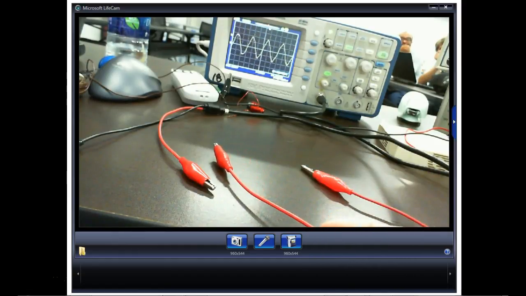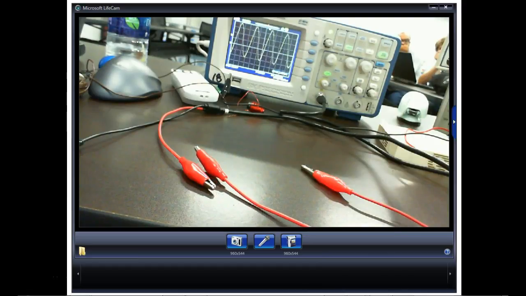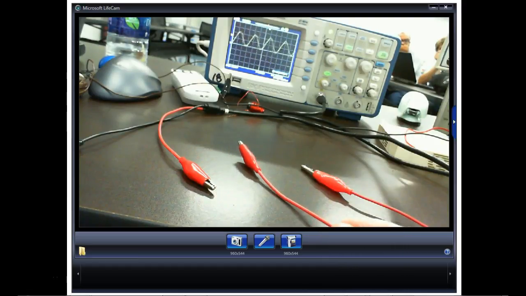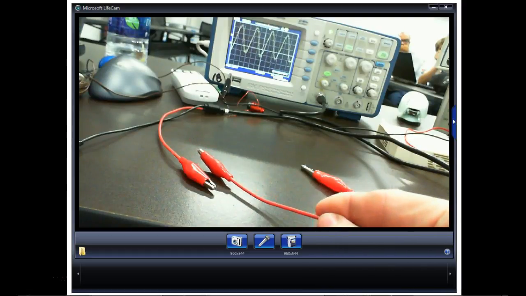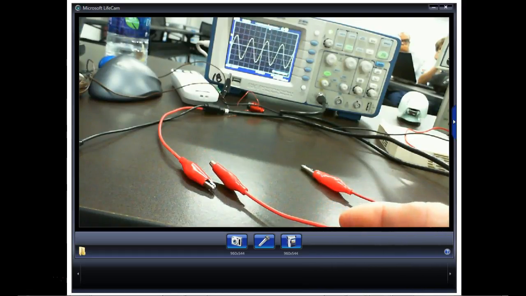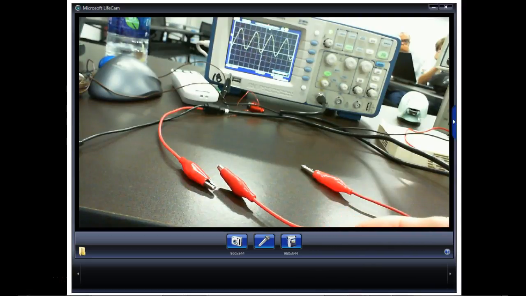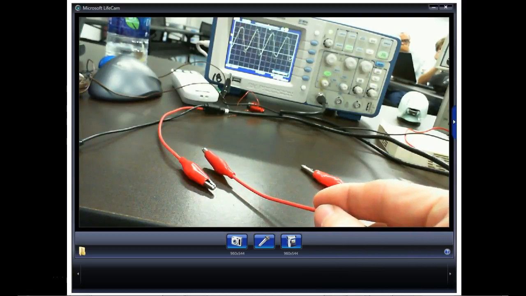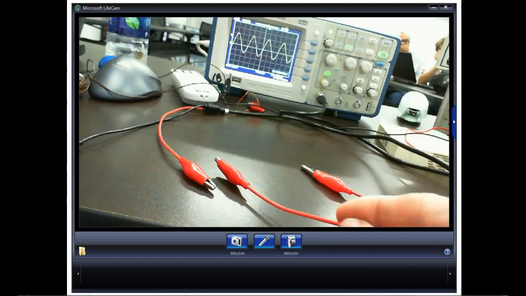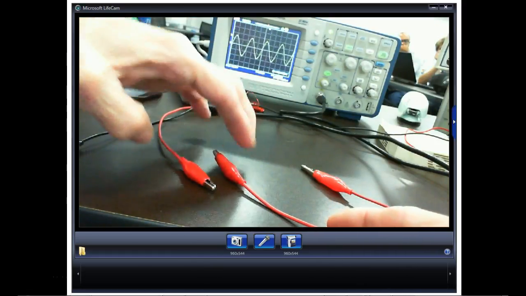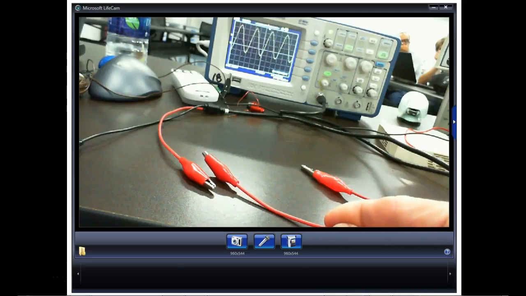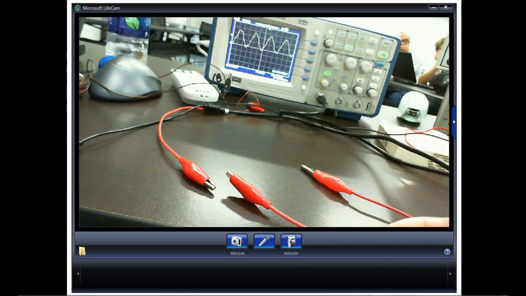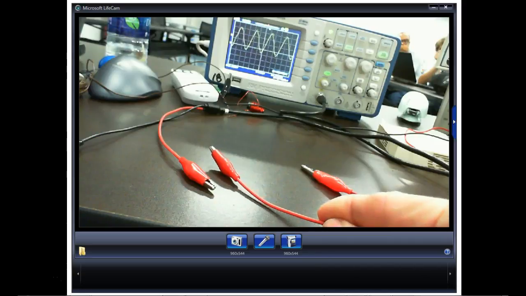Notice the closer I get it, the more coupling we get. The further I get it away, the less coupling I get. Next I'm going to reduce the contact area. Can you see it going down? See it going up? All I'm doing is changing the amount that these two things overlap. See that? So what I've done is I've created a capacitor.